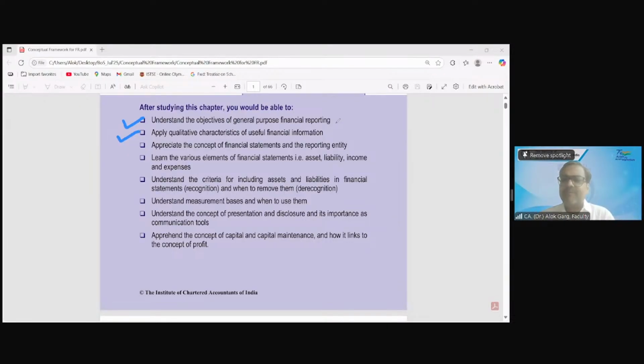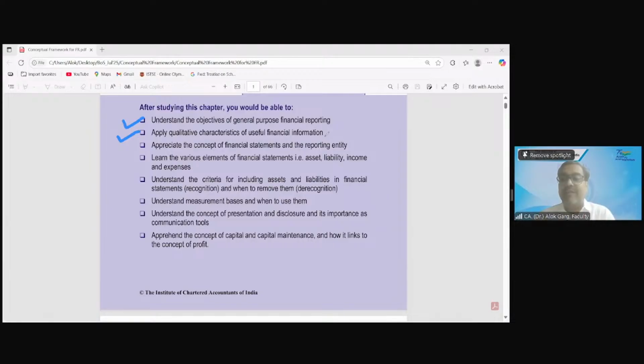So friends, this framework also provides the qualitative characteristics of useful financial information. There are two kinds: fundamental characteristics and enhancing characteristics. Fundamental means minimum, basic, mandatory, assumed: the information should be relevant and present a faithful representation.